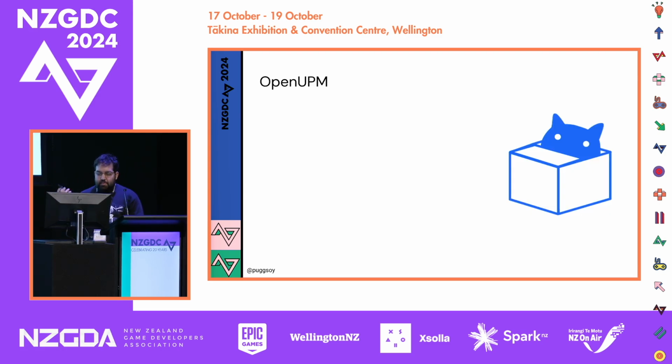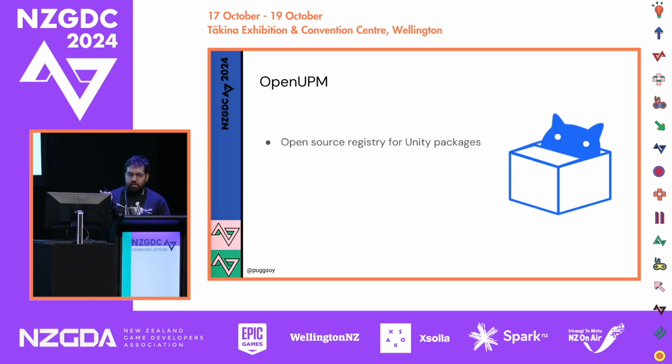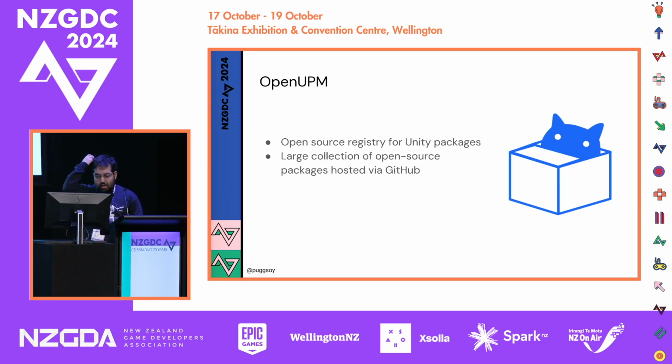Now, OpenUPM is a different kind of registry. This is an open source registry that's made by anybody. You can make one. It's got quite a large collection of open source packages.